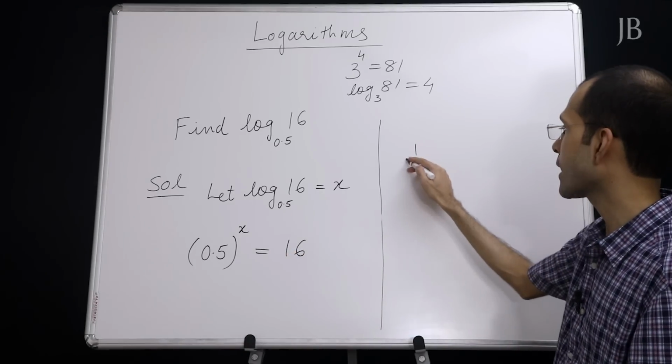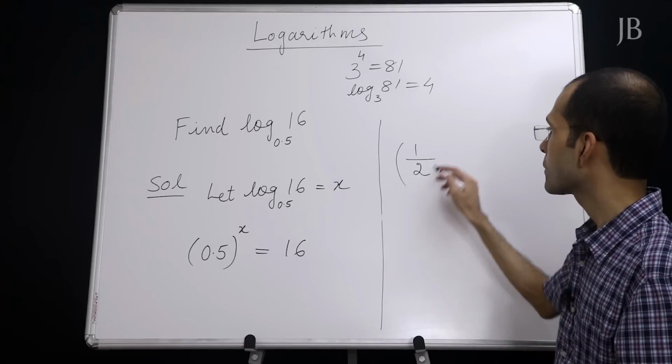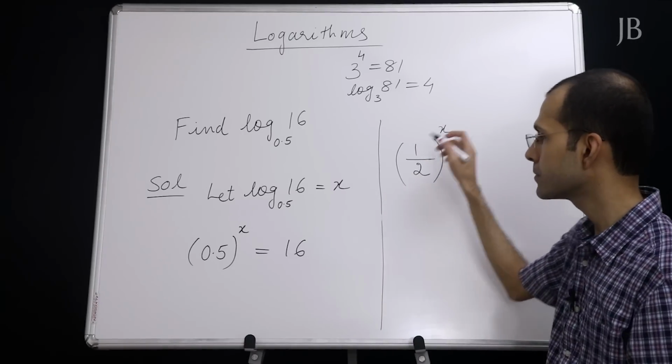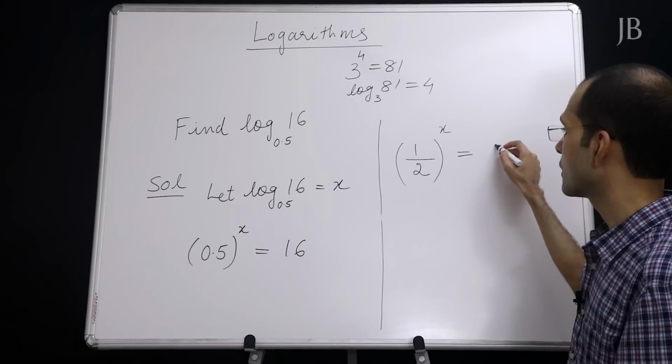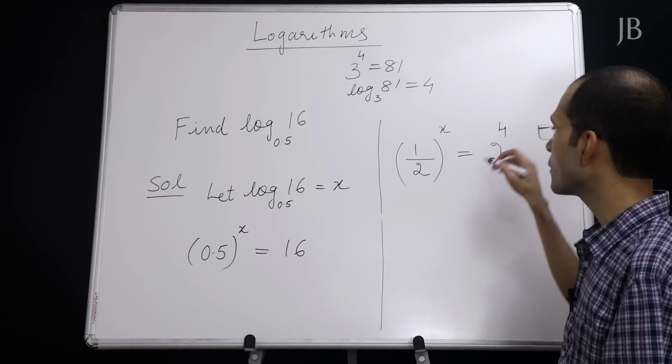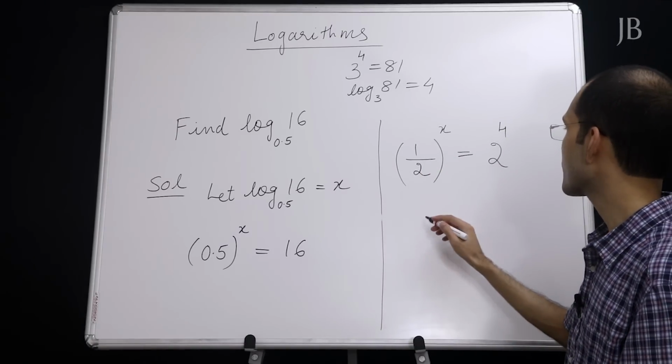0.5 you take as half, 5 by 10. So half raised to x is 16. So 16 will be 2 raised to 4. Now we will have to equal the bases.